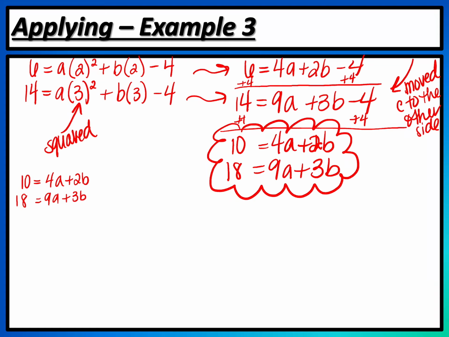All right, so I'm trying to get one of my variables to have the same coefficient so they cancel. Okay, I'm going to have to multiply. I'm going to multiply the top by 3, and I'm going to multiply the bottom by 2. And I'm going to use -3 on the top so that the signs become opposite.